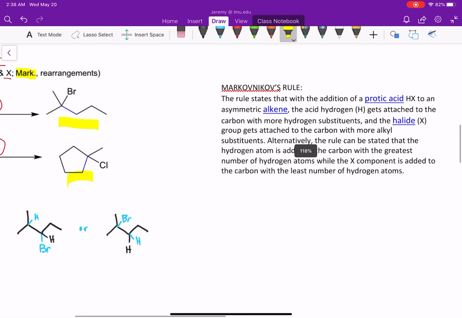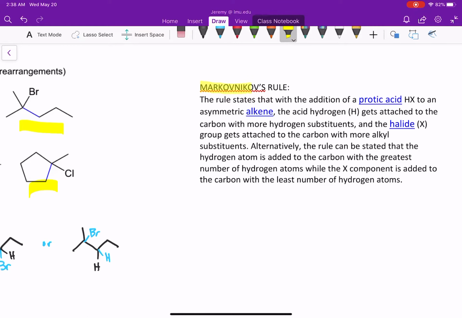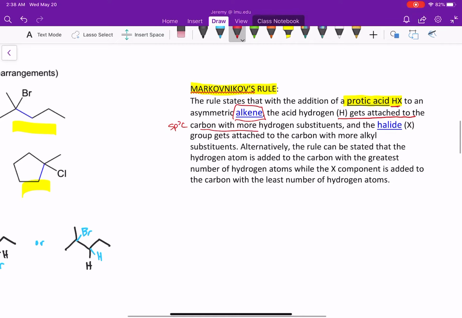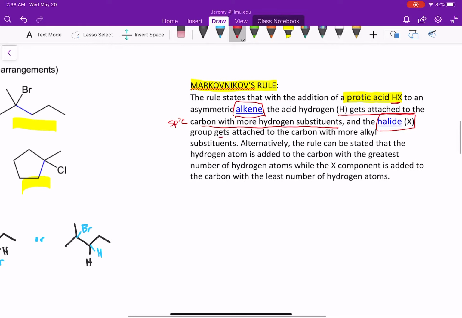So he developed a rule called Markovnikov's rule. Markovnikov's rule states that with the addition of a protic acid, so HX, to an alkene, the hydrogen is going to be attached to the sp2 carbon that has more hydrogen substituent groups, and the halide, our X, Br, Cl, will get attached to the carbon that has more alkyl groups on it.